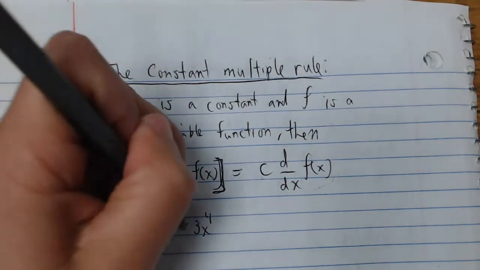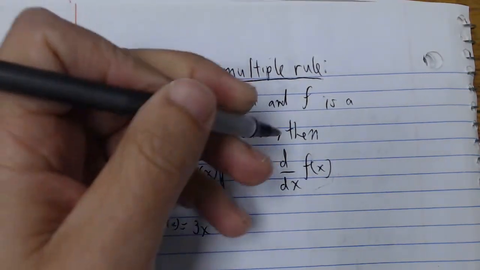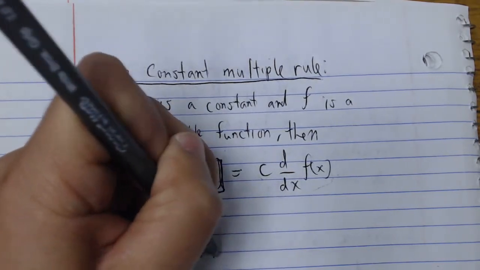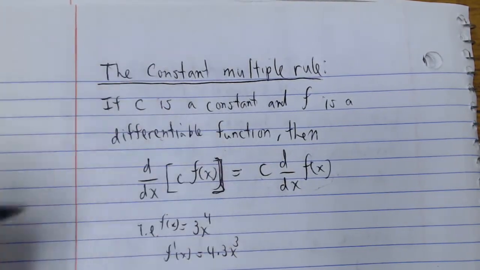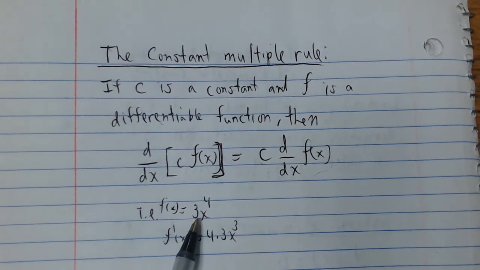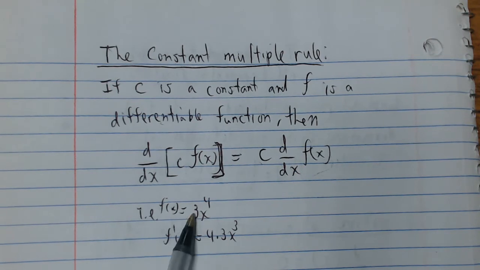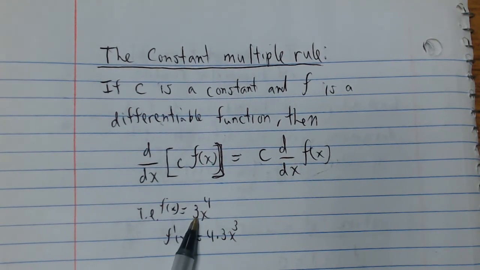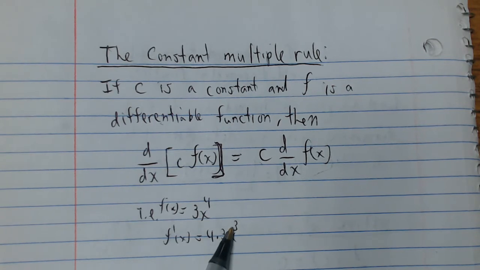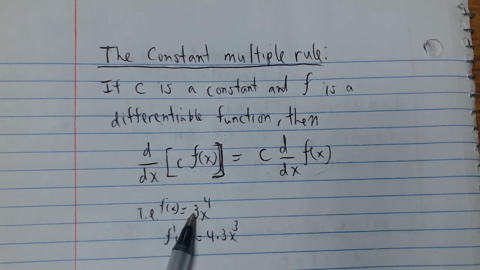So if this is f of x, then I could say f prime of x is the same thing as 4 times 3x cubed. So what happened? I still brought this 4 down, but I didn't really care much for the 3. The 3 kind of just tagged along. So I still used the power rule. I brought the 4 down, and then I subtracted 1 from the 4, which gave me this 3. But then what happens to this 3?